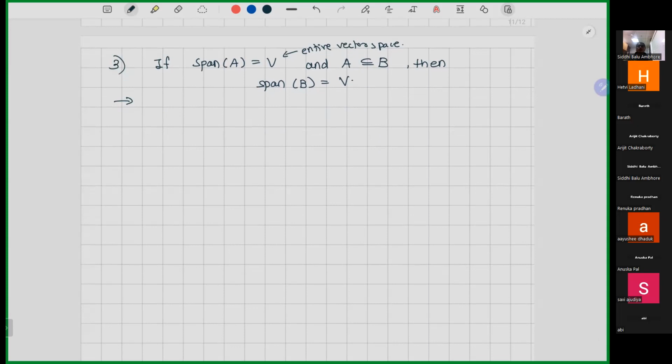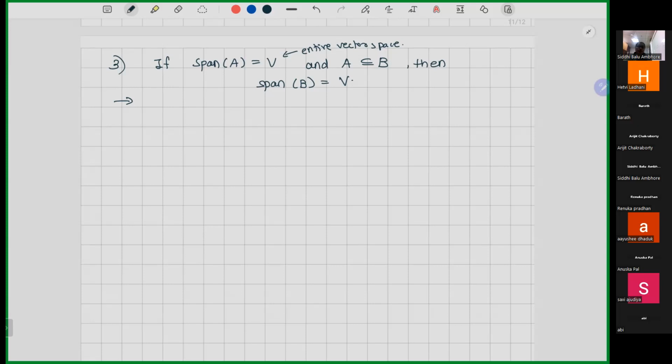Okay. So the statement is true, but the argument you are giving is not correct. What we had in the first example, that A was a proper subset of B and span of A was equal to span of B, was a very particular case.